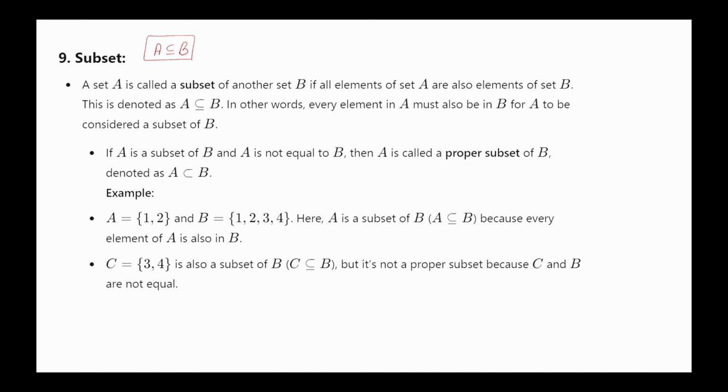Let's say in A we have 1, 2, 3, 4 and in B we have 1, 2, 3, 4. Still we can consider A a subset of B. When these two are equal, we represent sets A and B in this format. And if they are not equal, we call A a proper subset of B and it is denoted in this format.